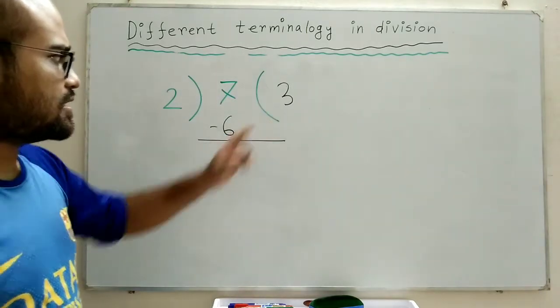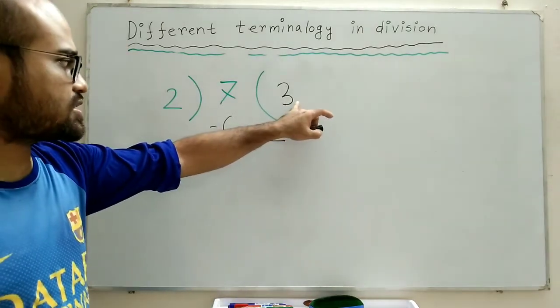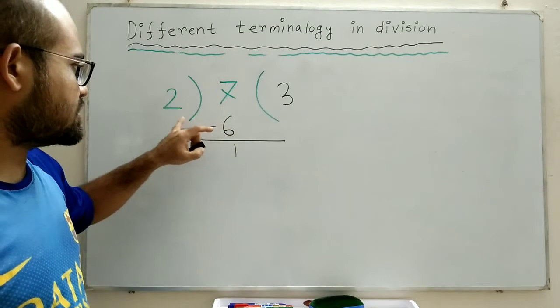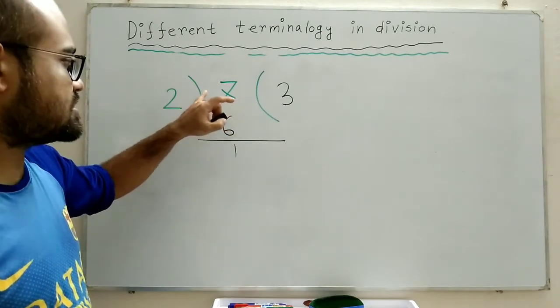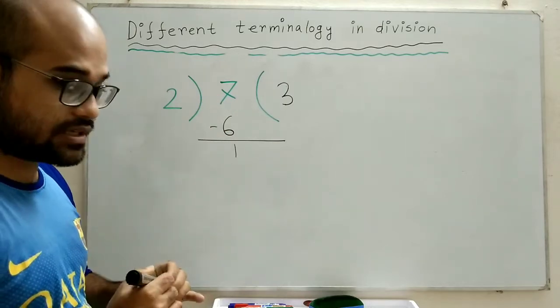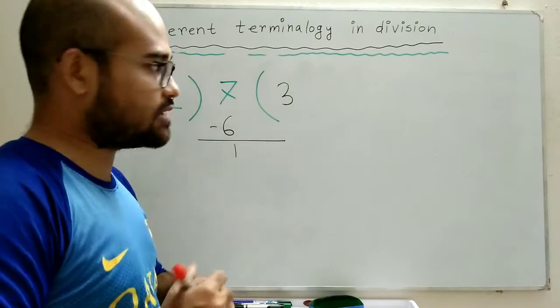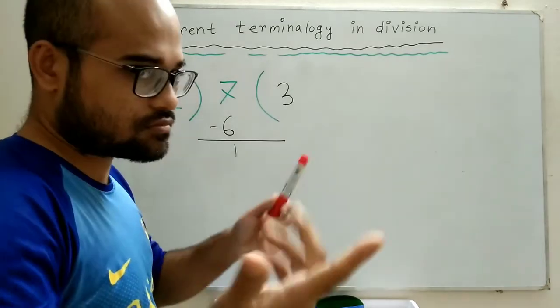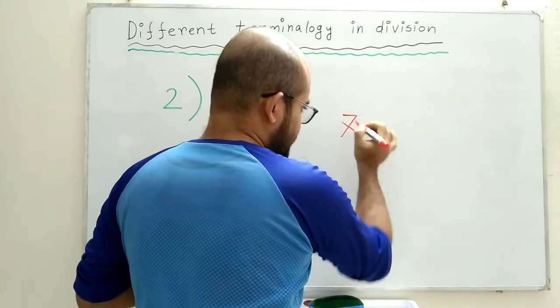So we can see in this case, what is our quotient? Our quotient is 3. What is our divisor? Our divisor is 2. What is our dividend? Our dividend is 7. And what is our remainder? Our remainder is 1. So with the help of all this big jumble of numbers, let's try to establish a relationship. What is our dividend? Our dividend is 7.